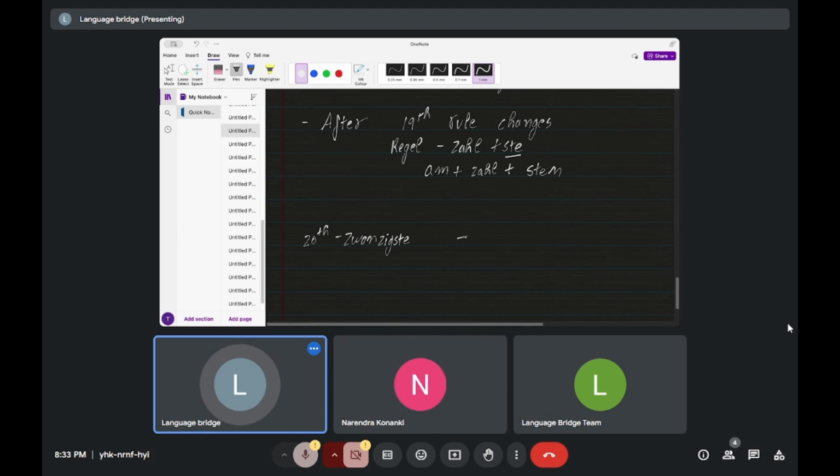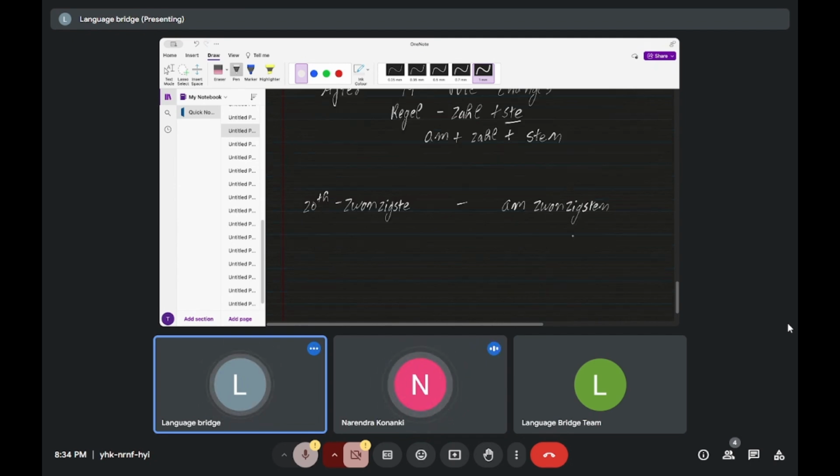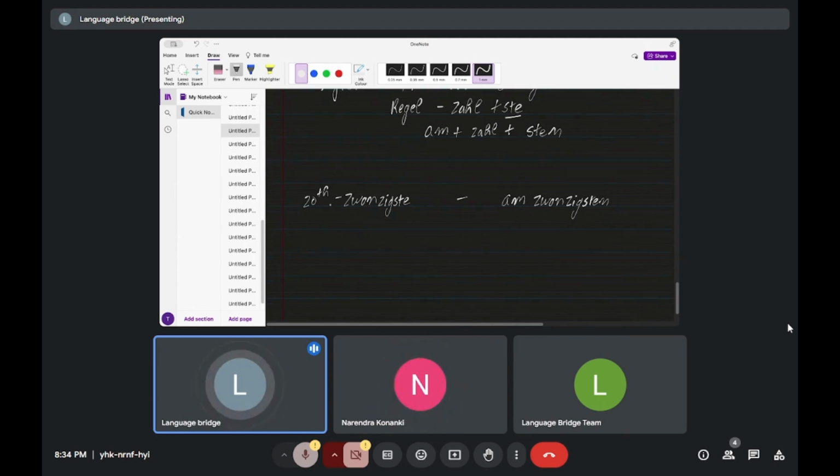And if we use it with "am", then it will be zwanzigsten. We add only "n" with the preposition.